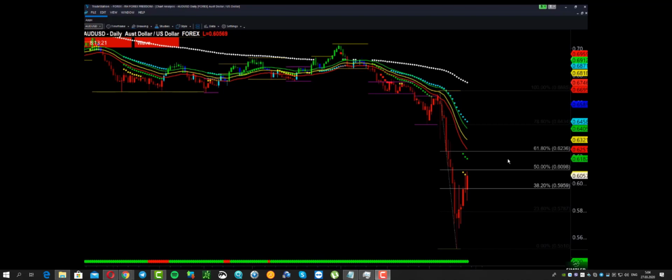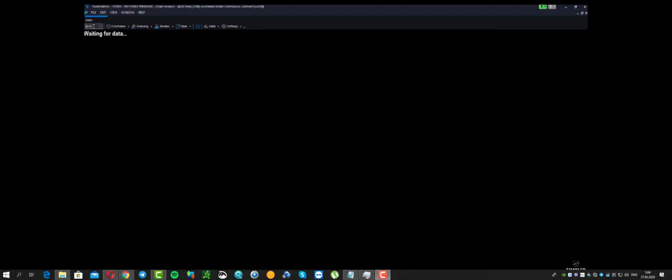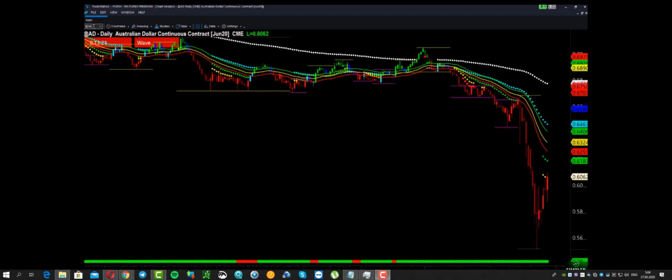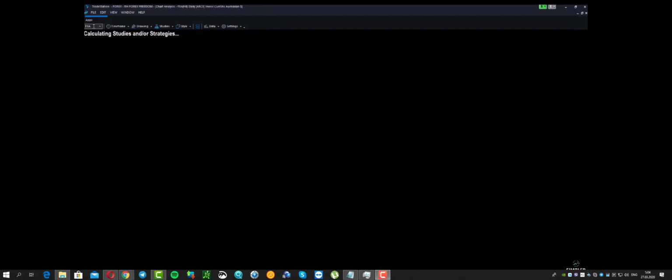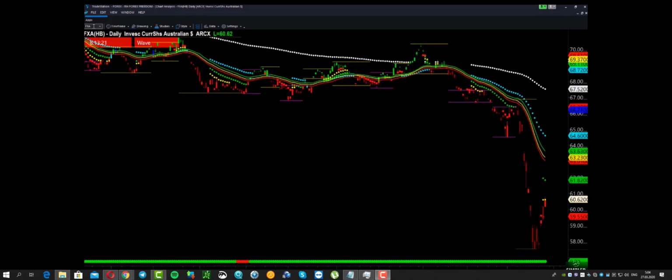Now, if you're trading currencies, when that zone is reached, what you then want to do is look at, say, puts on the Australian dollar, US dollar, or the FXA. Now, this is anytime you have a foreign exchange pair where the US dollar is the second currency listed in the pair.